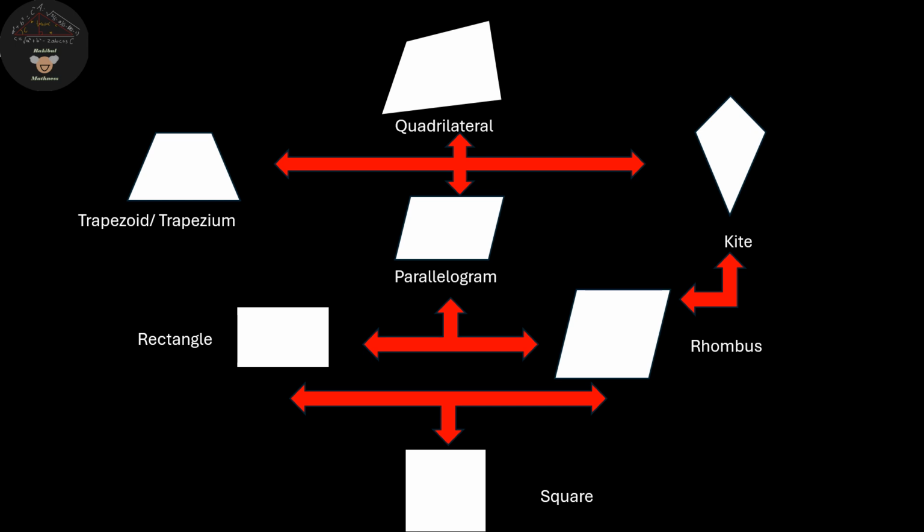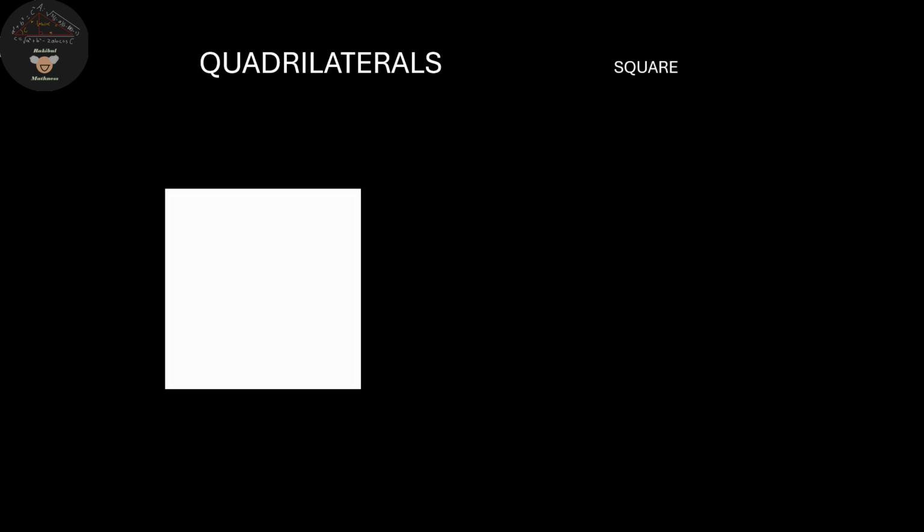So let's move on to part 2 of this video, finding the area of quadrilaterals. Let's start off with the square. In mathematical form, the square's formula would look like this. A equals a squared. The capital A here means the area, and the lowercase a is the red side.